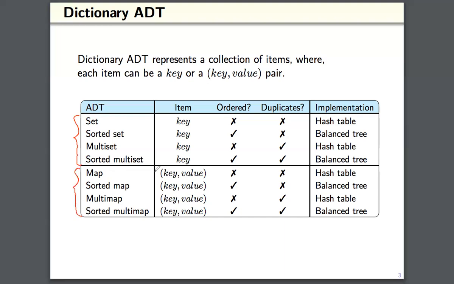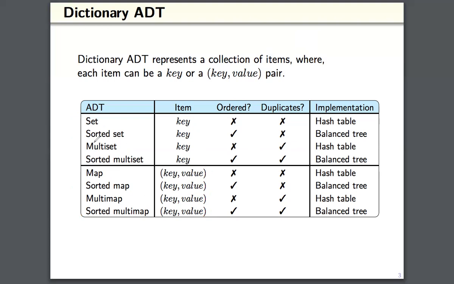Each set is a collection of items where each item is a key. All sets are collections of keys. If we use the term map, it means it is a collection of ordered key comma value pairs. Now we know the difference between a set and a map.